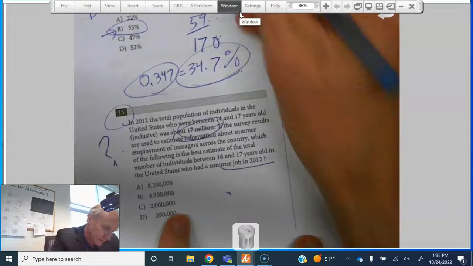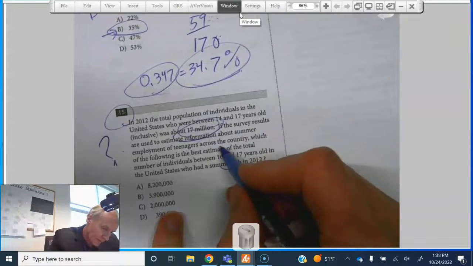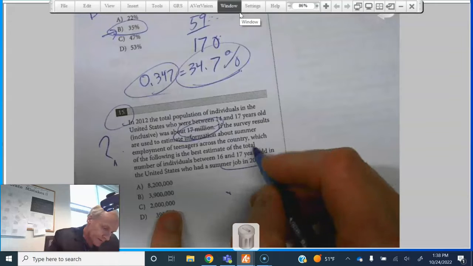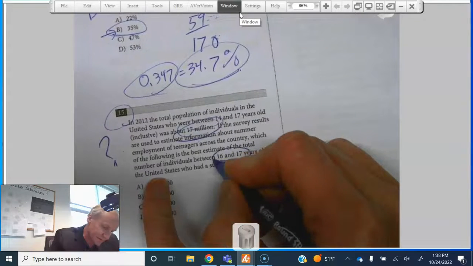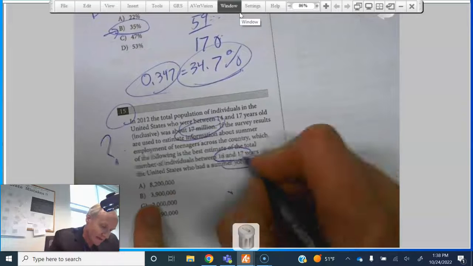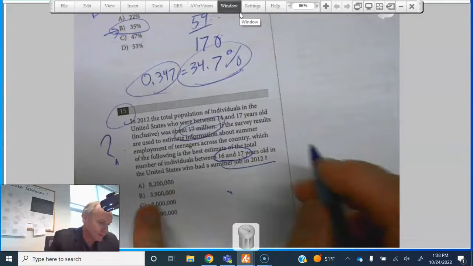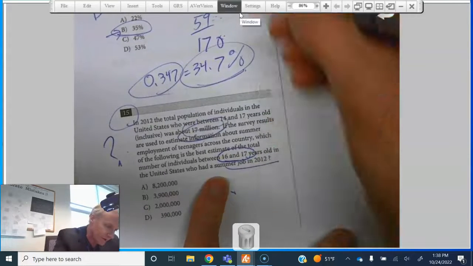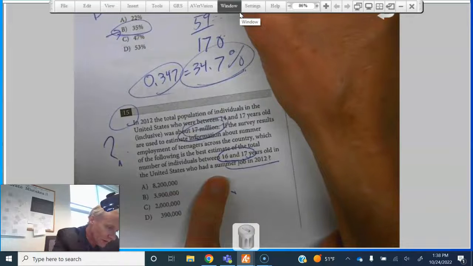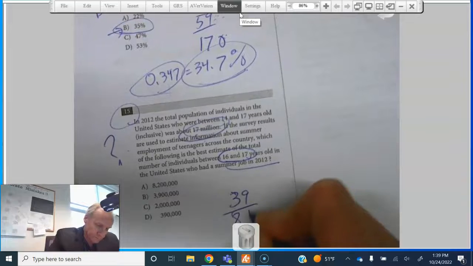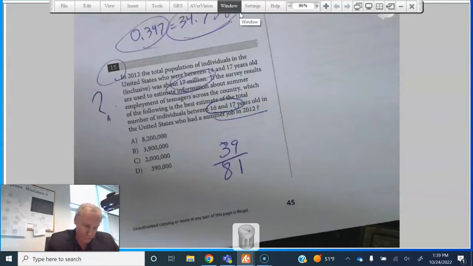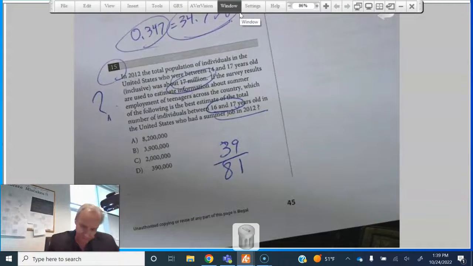It says, best estimate of the total number of individuals between 16 and 17. That's why we weren't finding it. I'm so glad they didn't have that answer in there. There were 39 out of 81 who were 16 and 17.